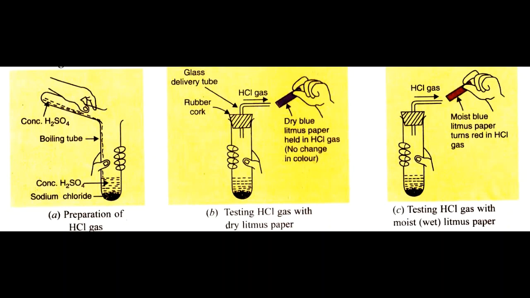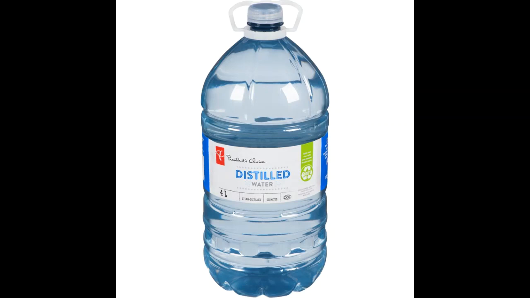So this is the second fault, where unless a substance has water in it, it does not show acidic or basic nature. Now the third point is that we have already maintained that water also can be acidic and basic in nature.